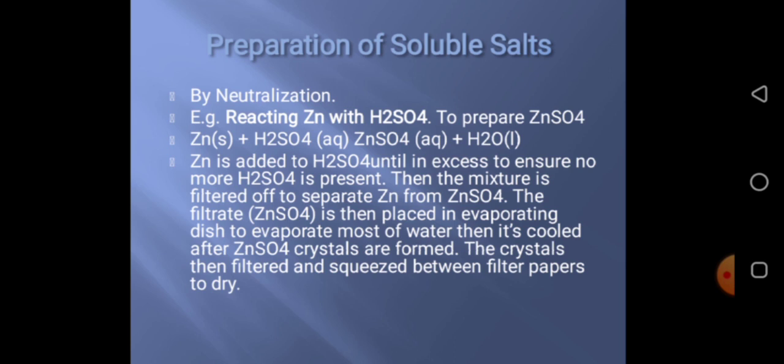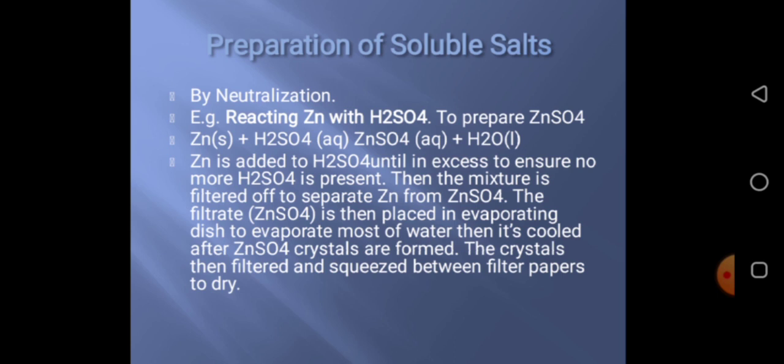Zinc is added to tetraoxosulfate 6 acid until in excess to ensure no more acid is present. Then the mixture is filtered to separate zinc from zinc sulfate.